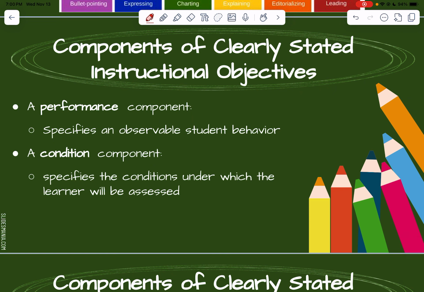Now, the components of a clearly stated instructional objective have 2 parts. You have a performance component and a condition component. The performance component will specify an observable student behavior, and the condition component will specify the conditions under which the learner is going to be assessed.